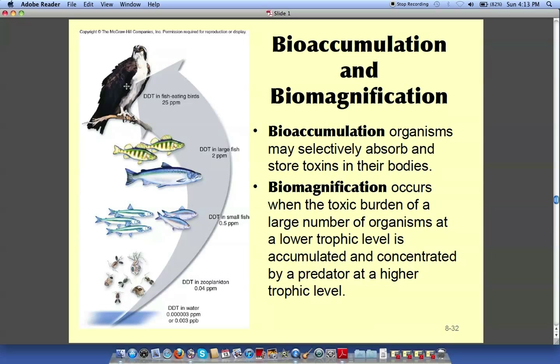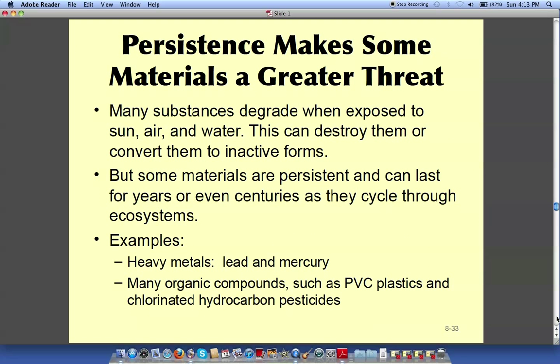And whether it's the soft shells that happened with the DDT, or whether they become sterile and they can't breed anymore, then we see a collapse of that organism. So this is a very important topic. You should review it and read it and learn about it.